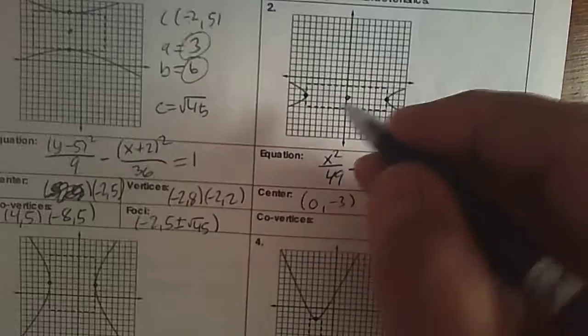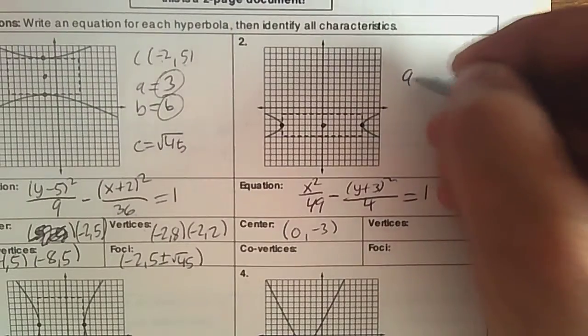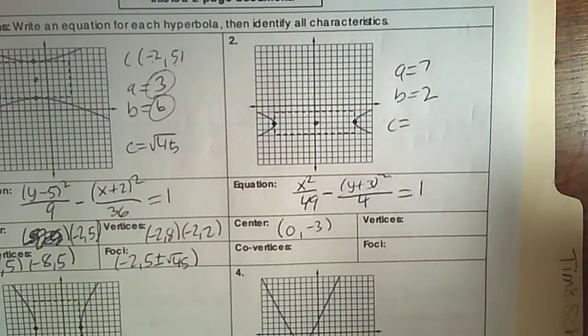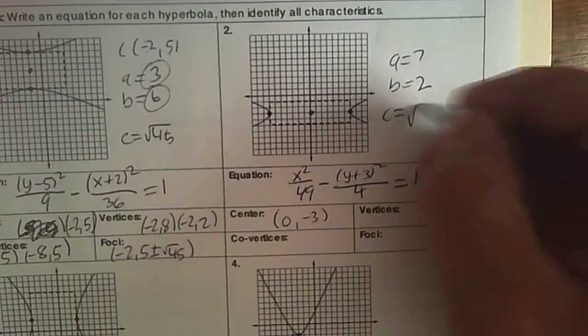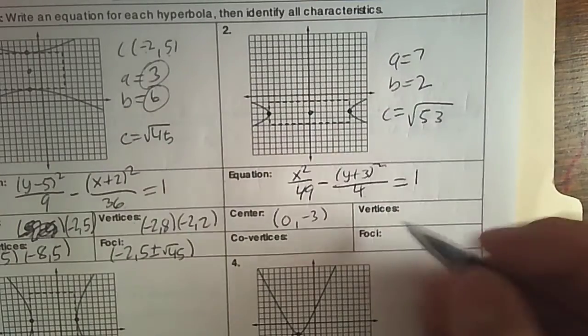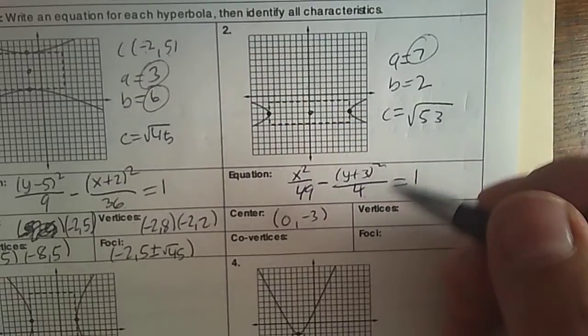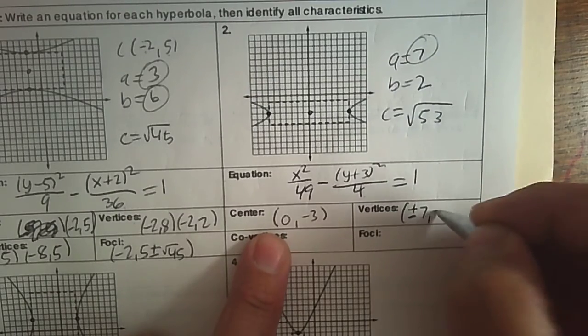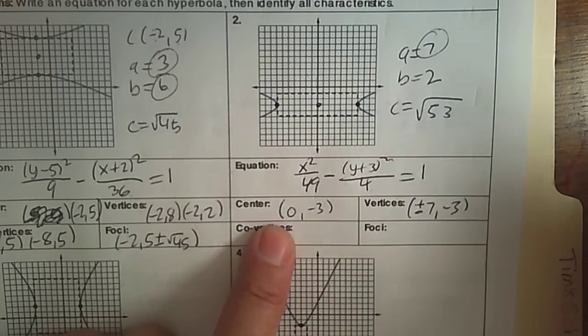So to find the vertices, I'm adding and subtracting. You add the denominators. It's the square root of 53. Anyways, you add and subtract 7 to the x coordinate. So that's positive and -7 and -3. Just a quicker way to write it.